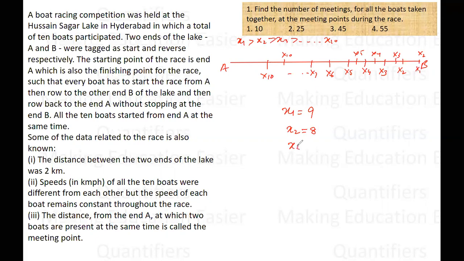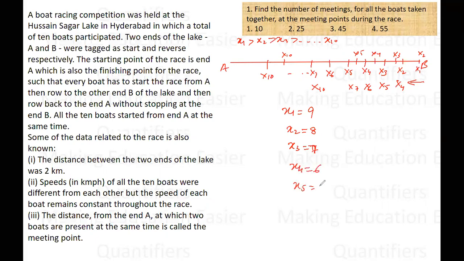Similarly, when X3 comes back, it has already met X2 and X1 during its onward journey to B. When it comes back from B, X3 will meet X4 at some point, then X5, because X3 has reached B and is coming back while X4 is still going towards B. So it will meet X6, X7, and so on at some points. It has 7 meeting points. Similarly, on the same lines, X4 will have 6 meeting points.